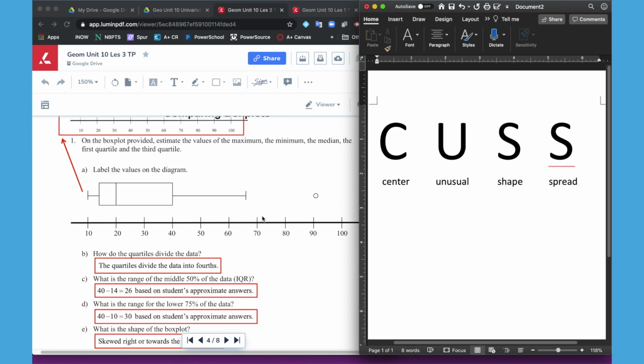So that's just a quick review on how to describe those. Now, if this had context, let's say we were talking about the number of at-bats for a group of baseball players, that context needs to be in one of the sentences.